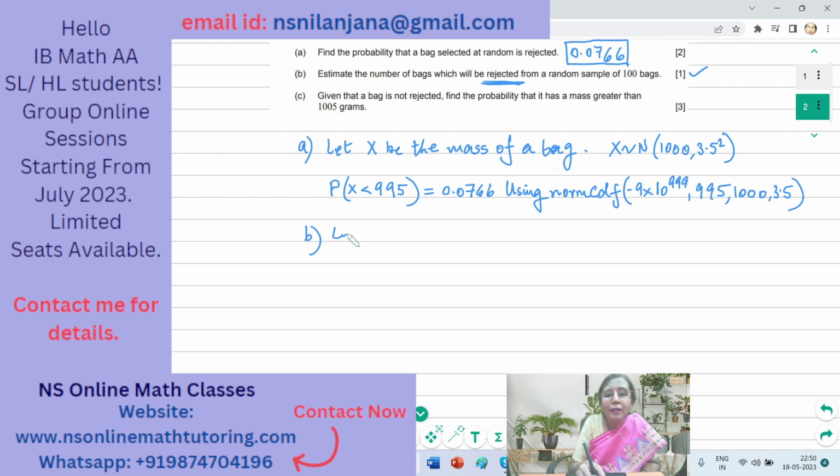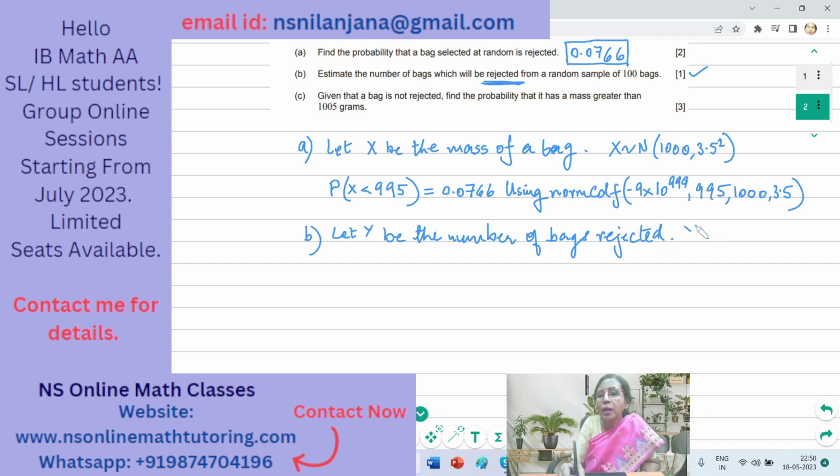Let Y be the number of bags rejected from the 100 bags.